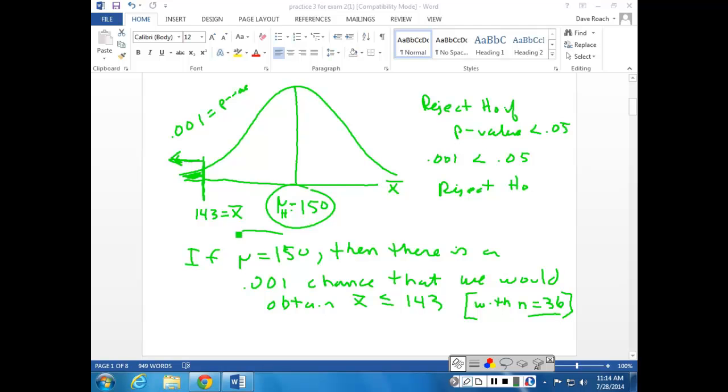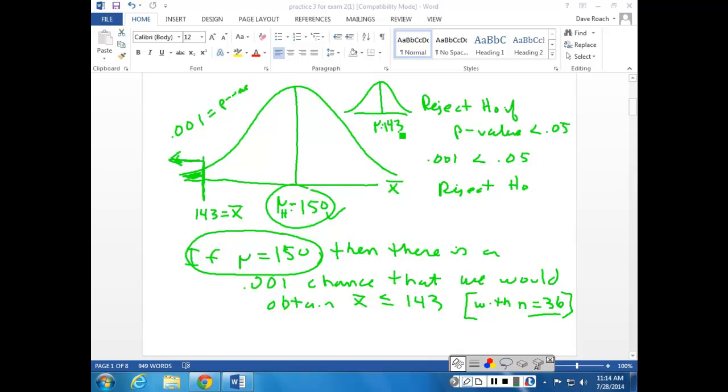You must have the if statement in there. You can't just say there's a 0.001 chance, because if this weren't true, let's say that the population mean were 143, then what's the chance you get less than 143? 0.5, 50%.